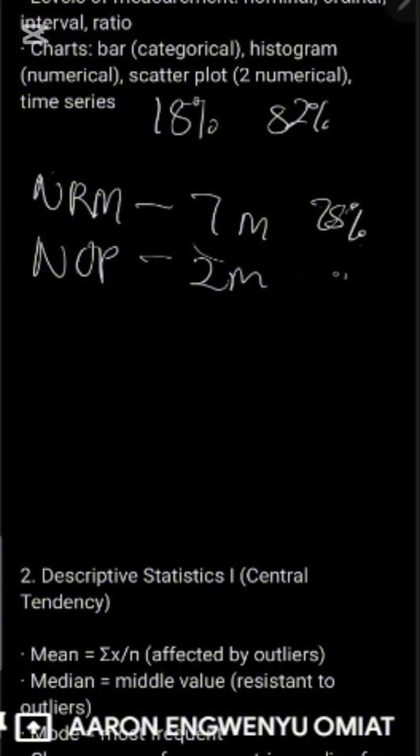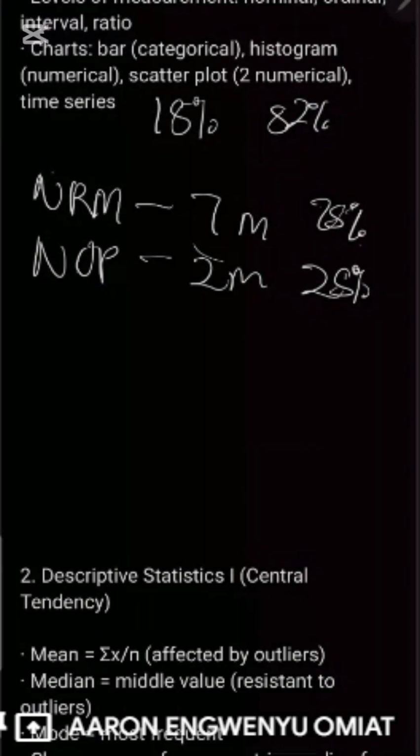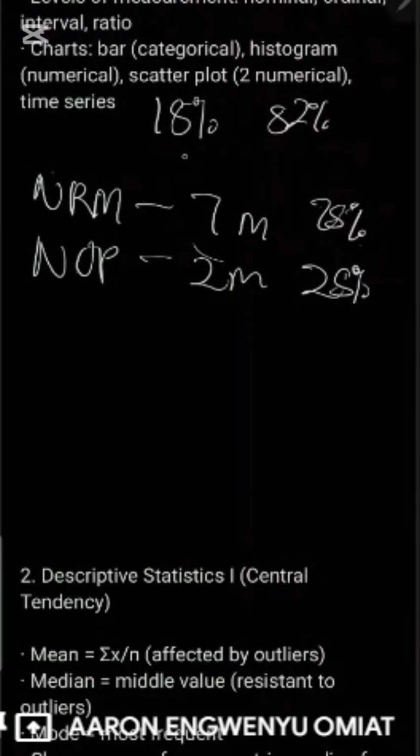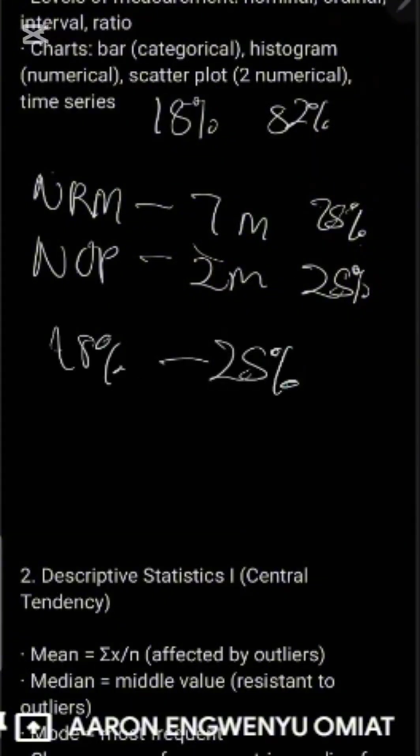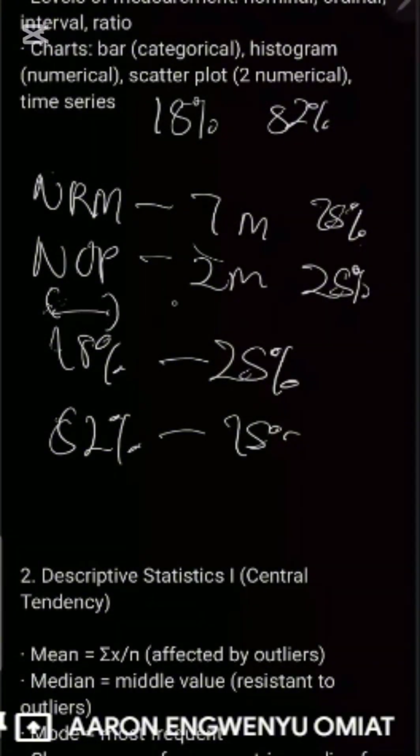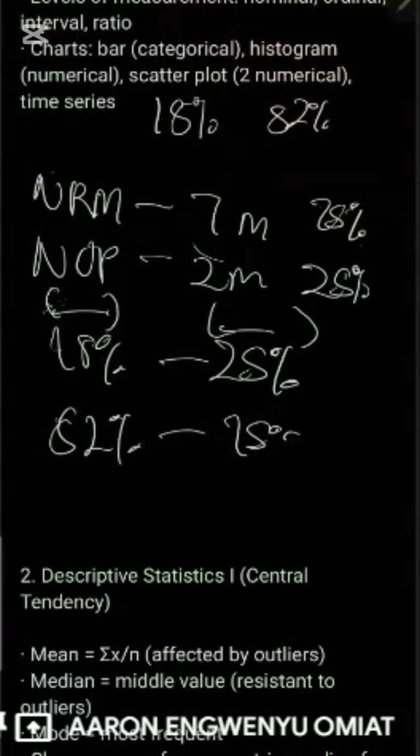Then this is about 25%. So you realize, based on the way you collect and represent your data, you can end up with different figures. So you find that NUP increased from 18% to 25%, while NRM decreased from 82% to 75%. In the first part here, we're using just the district preferences to determine. And here we're using the actual data, the actual number of votes to determine the results.